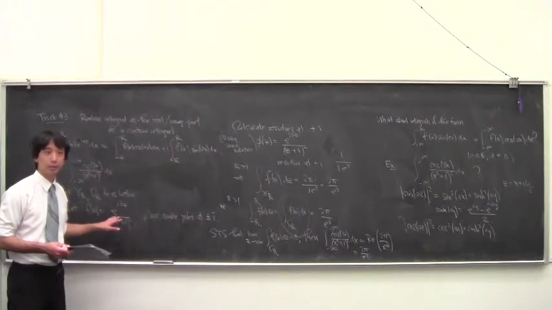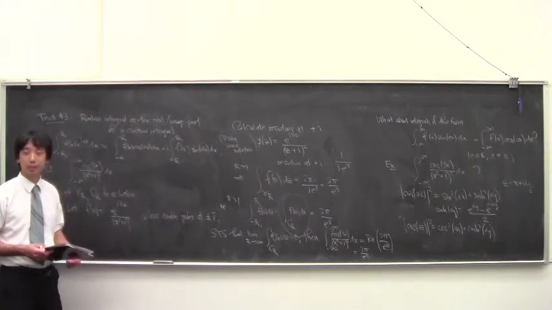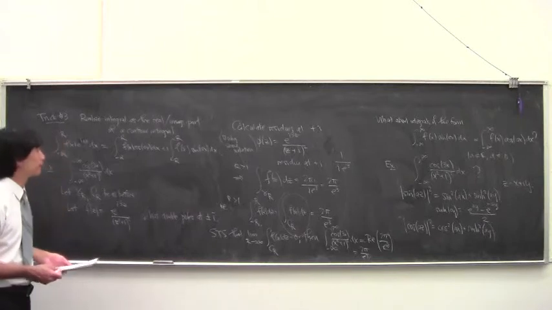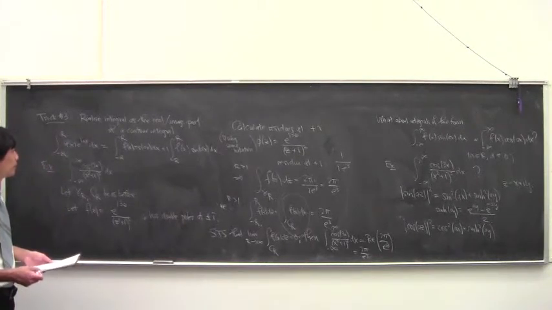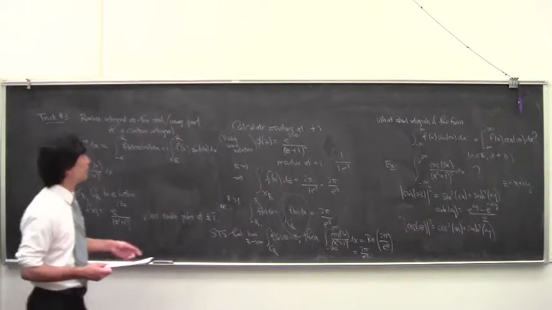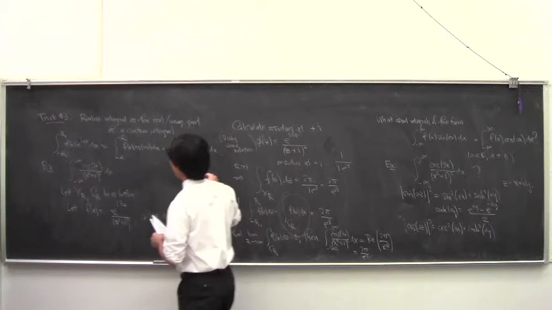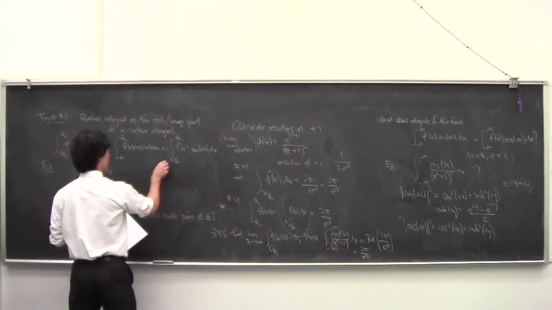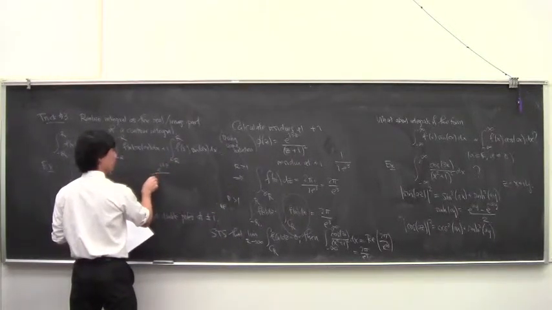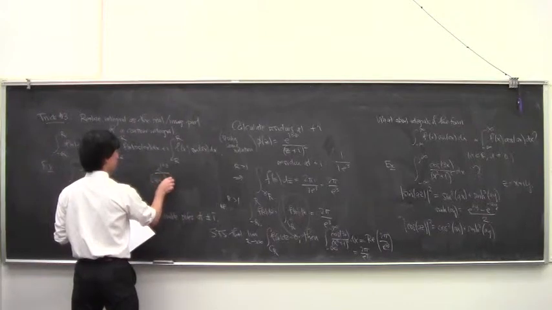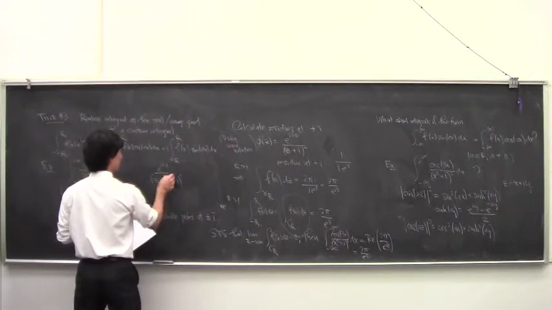Okay. Any questions on the method? Yeah, Michael. Did we not want for phi of z, is it not z minus i squared? No, because we want the residue at positive i, right? So we want e to the i 3z over z plus i, z minus i squared.